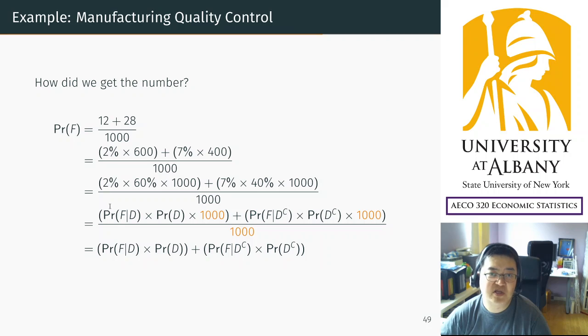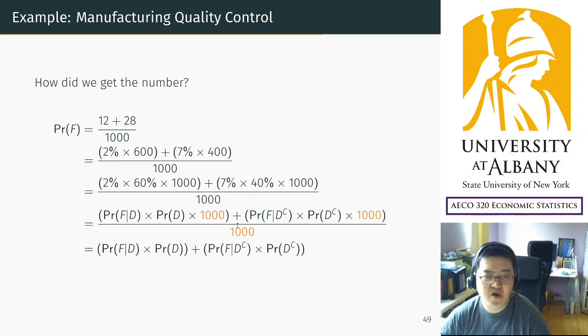So we may generalize 2% to this. 60% was the probability of domestic batteries. In that way, 7% was the defective rate among imported batteries, and 40% was the probability of imported batteries.